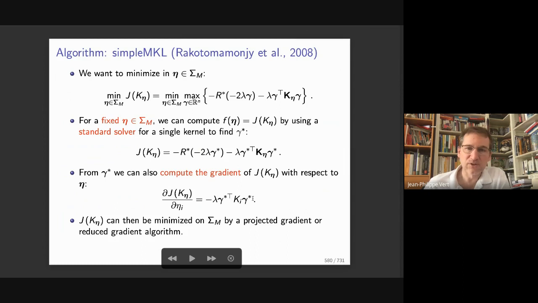These are standard results, and so when you want to numerically optimize eta, you can develop an iterative method where you start from some eta, for example uniform eta. You solve your kernel method to obtain the dual variables gamma. Then you have the value of J and the gradient in eta, so you can change eta and solve it again and again until eta converges to the smallest value of J.